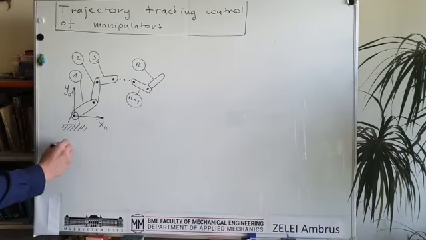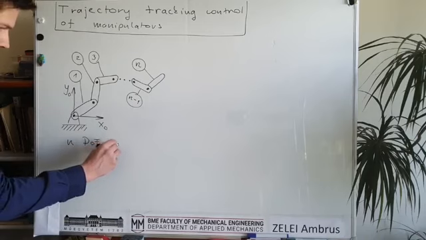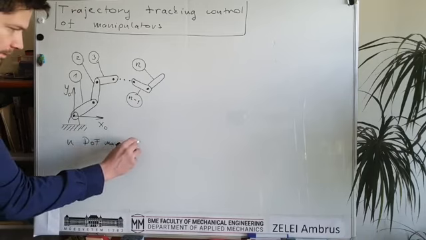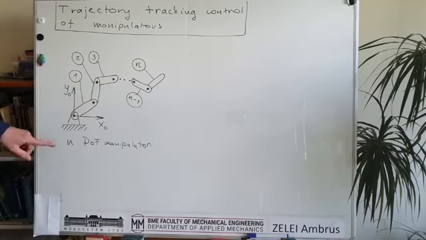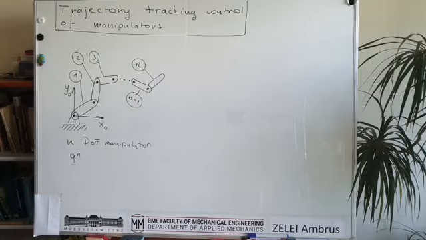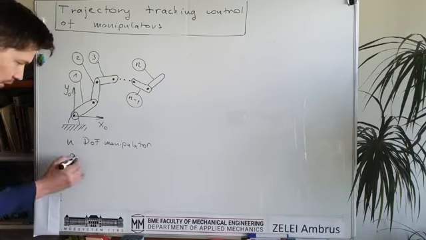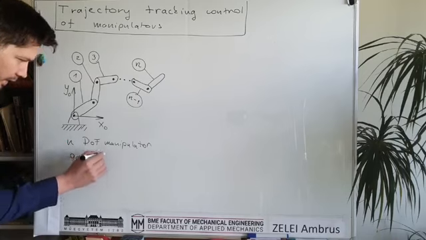Okay, so this is an NDOF manipulator, and the n degrees of freedom can be described by a general coordinate vector, which is an n-dimensional vector.